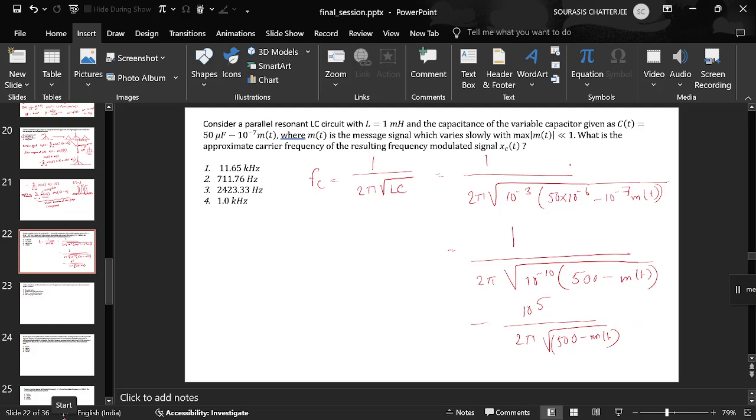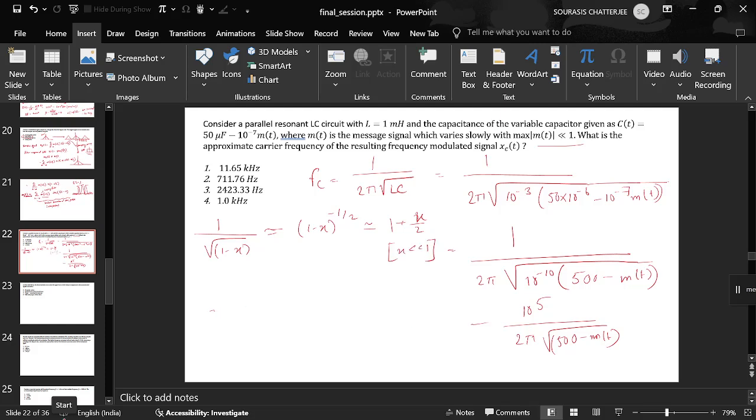Now you see that m(t)'s maximum amplitude is mentioned to be much less than 1, so we see that the square root of 1 minus x to the power minus half can be approximated as 1 plus x by 2 for x much less than 1.